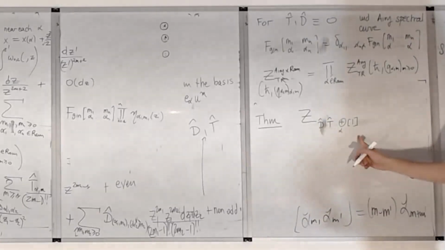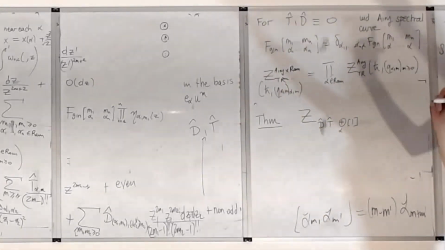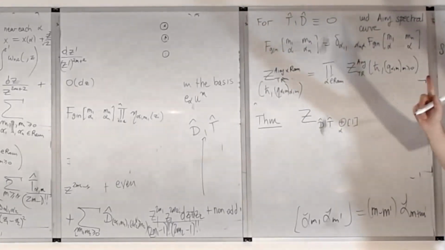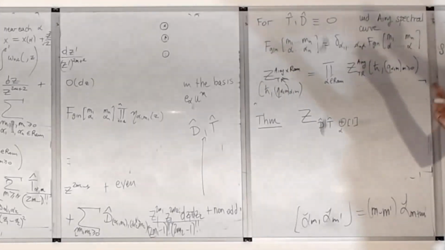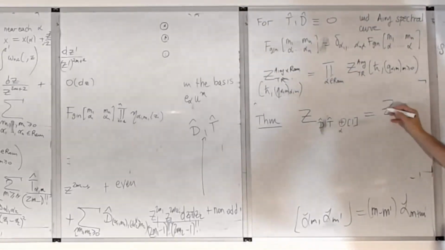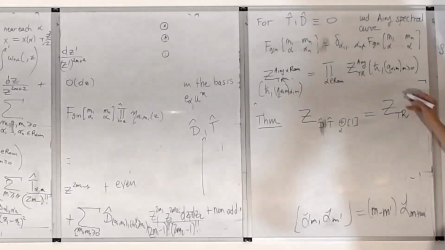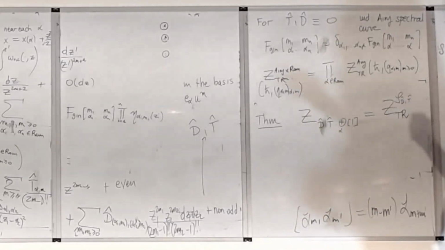This is the class, and when I insert n vectors, it's a class. If I insert exactly the same basis vector E alpha, E alpha, E alpha, this is the fundamental class. If two vectors are distinct, this is 0. And this is Z TR for S, depending on d hat, t hat.